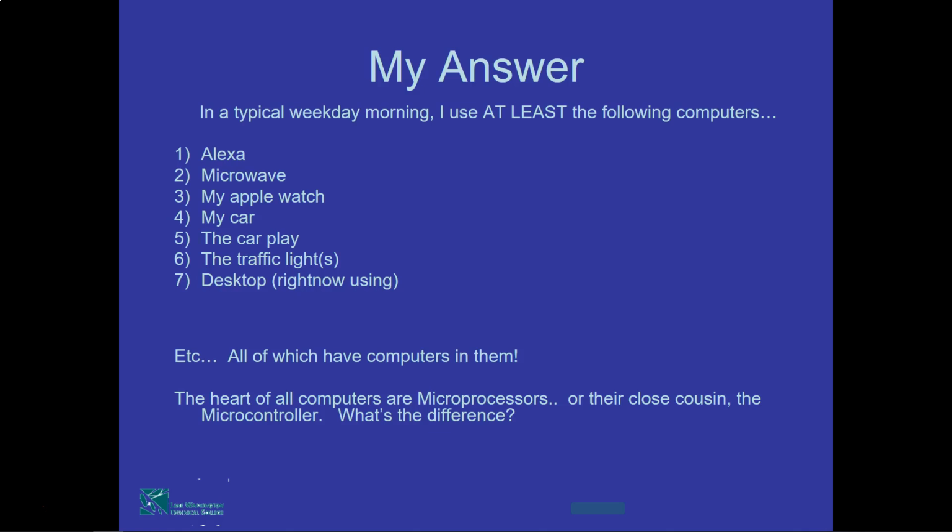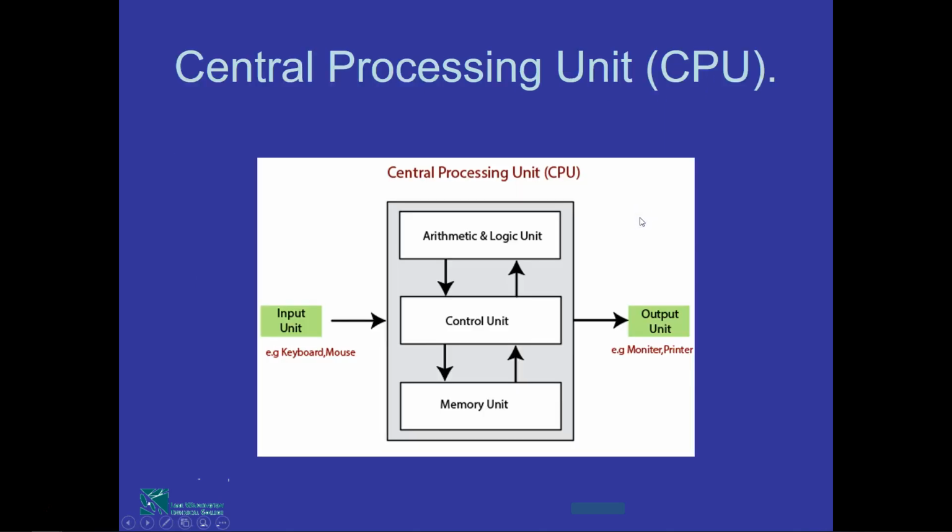So this question I'm going to answer in the next coming slides, but after this I'll first discuss the CPU, which is called the Central Processing Unit. You might have heard the name of CPU before. And this is the block diagram you see of a CPU.